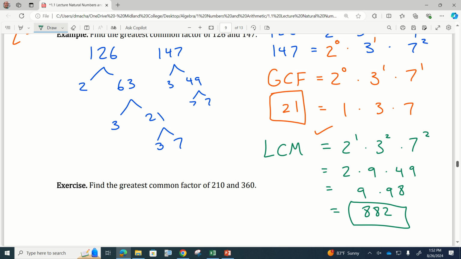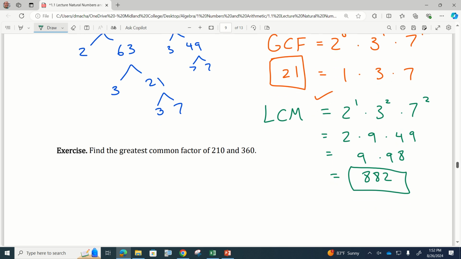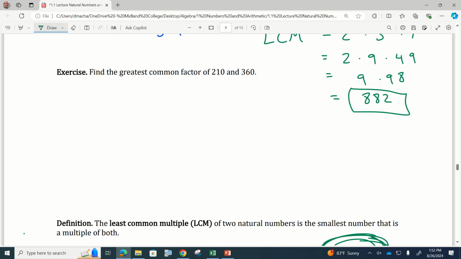Really quick, just in case anybody needs another example, we can run through a quick example. We have already found the prime factorizations of 210 and 360 earlier in this lecture.